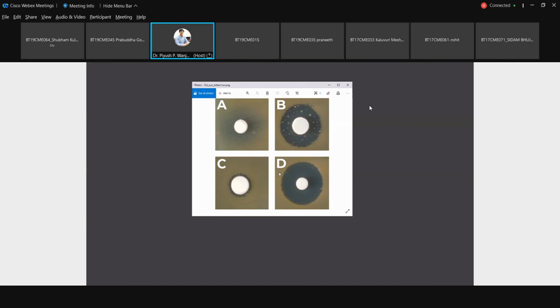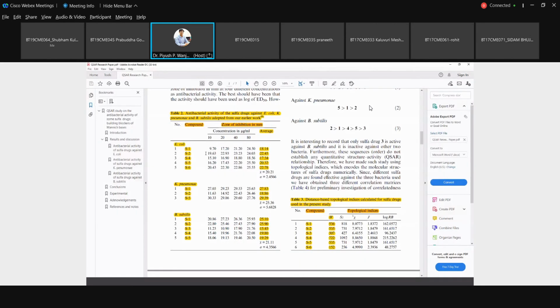So in the paper I showed you, all these values are millimeter values. For different concentrations they did this, and here they have shown the average value. Even though the units are in length, you should consider this as a value of activity of this compound against this bacteria.